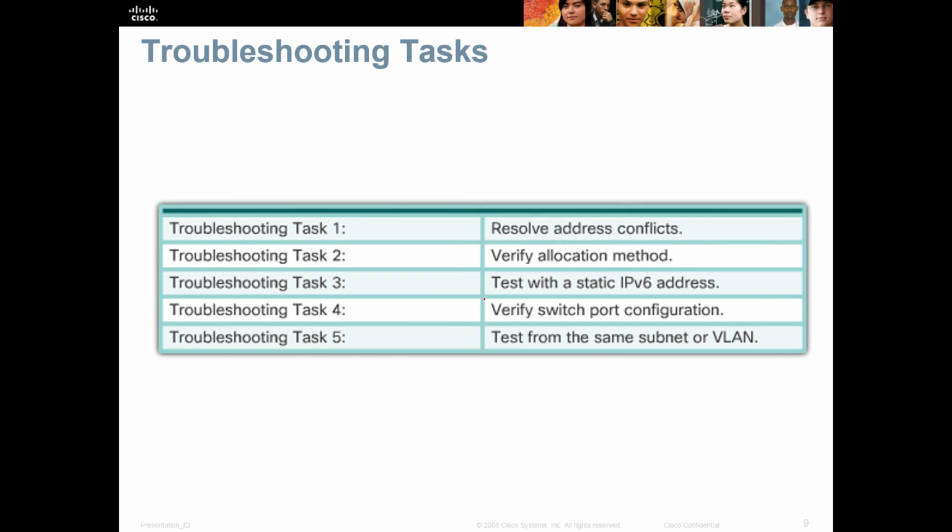You've seen this exact chart before, and no reason to change it just because it's IPv6. I just want to remind you or point out, the basics are always the same. You want to get in and resolve conflicts. You can force some issues.